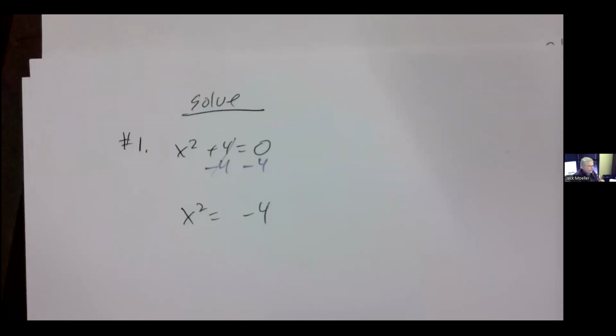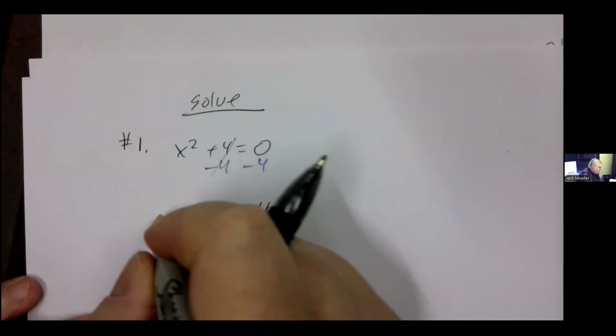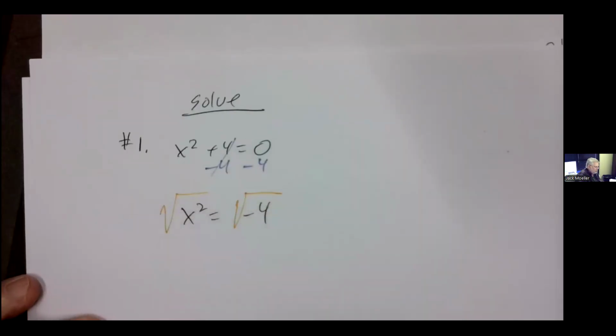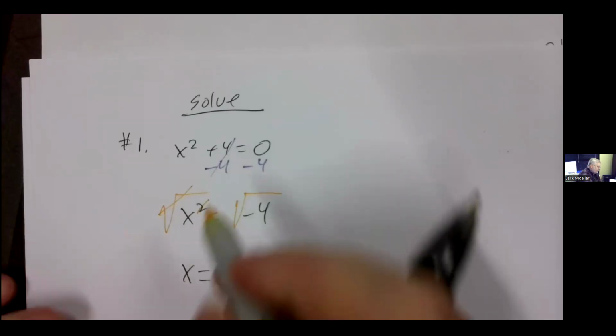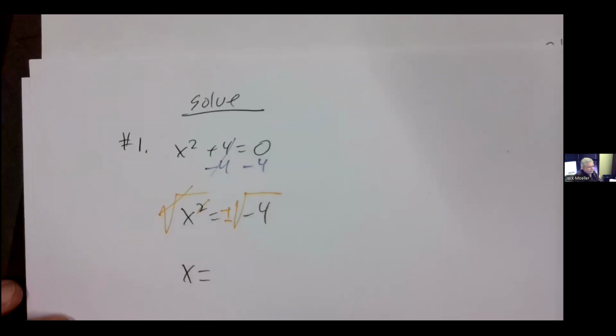Then what do we do? Take the square root of both sides. Square and square root cancel out, and we're left with x on the left. Hopefully you caught that I didn't put plus or minus. So here's the question: what is the square root of negative 4? If you put it in your calculator, you should be getting an error.